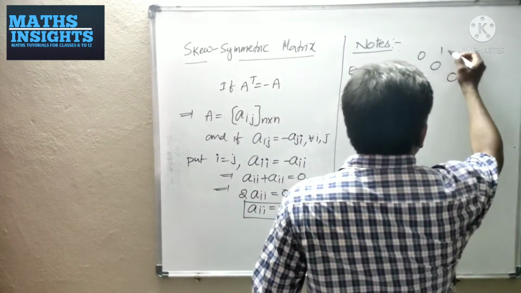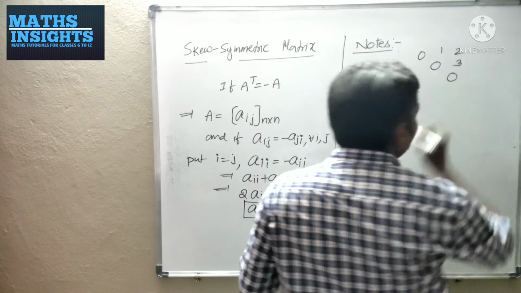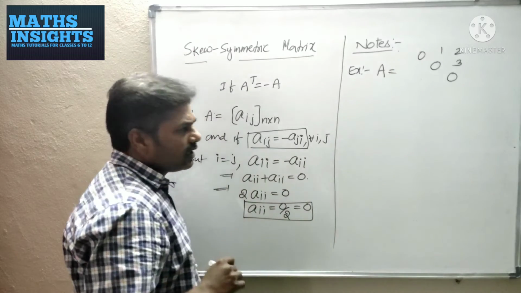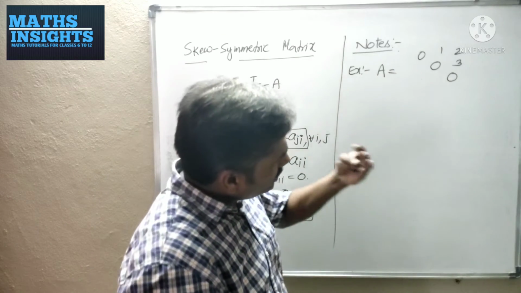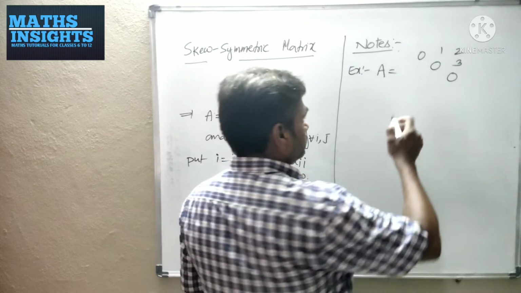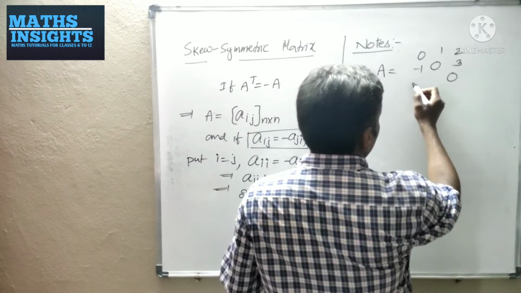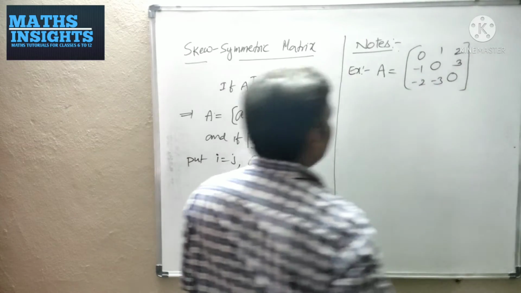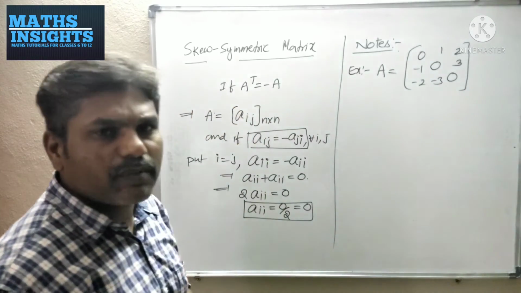Here I am taking 1, 2, 3. As per this condition, whatever the elements above the principal diagonal, you have to take the same elements below also, but with opposite sign: minus 1, minus 2, minus 3. This is an example for a skew symmetric matrix.